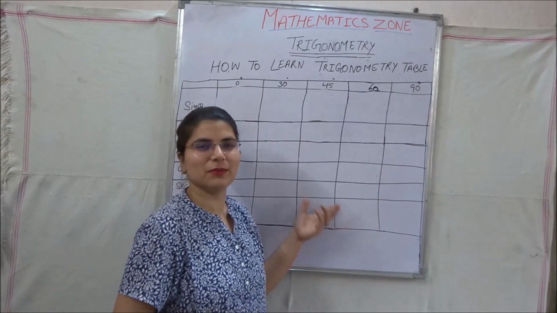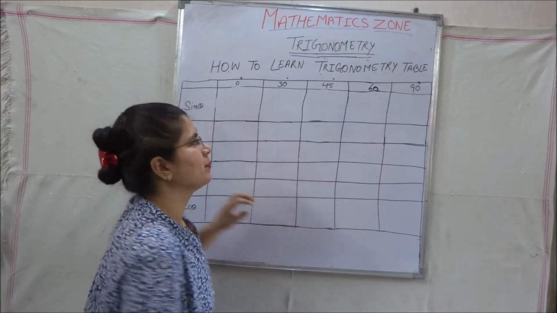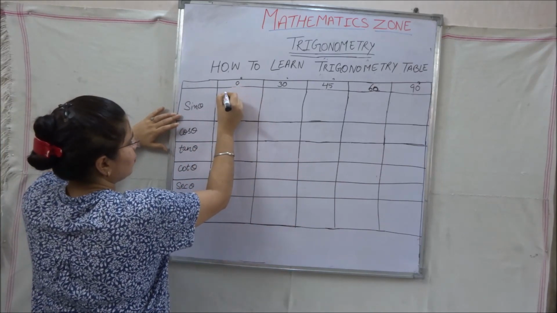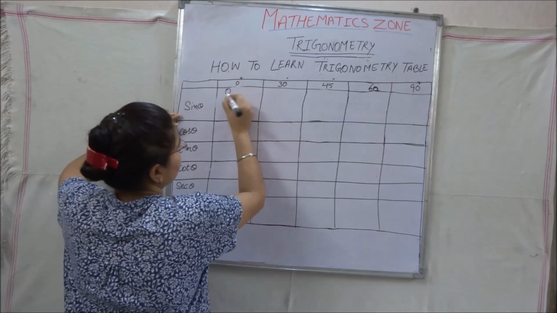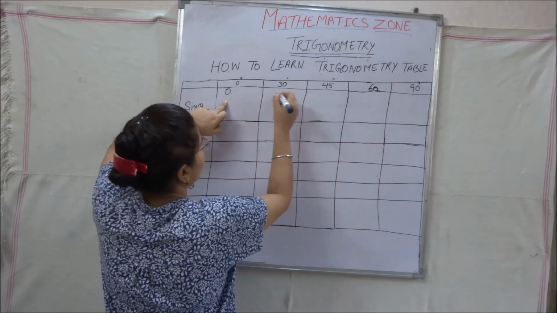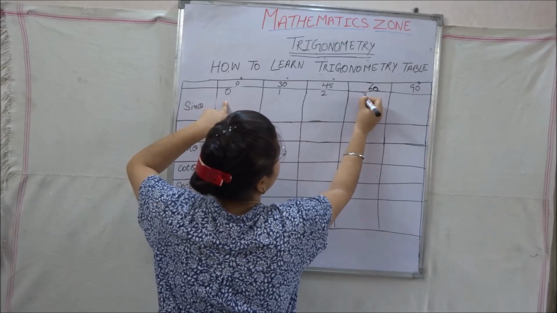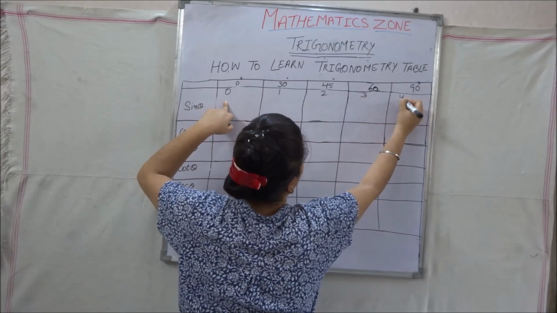Now we will learn the trigonometric table. Sin theta is 0. First of all, we will write the numbers from 0 to 4: 0, 1, 2, 3, 4.